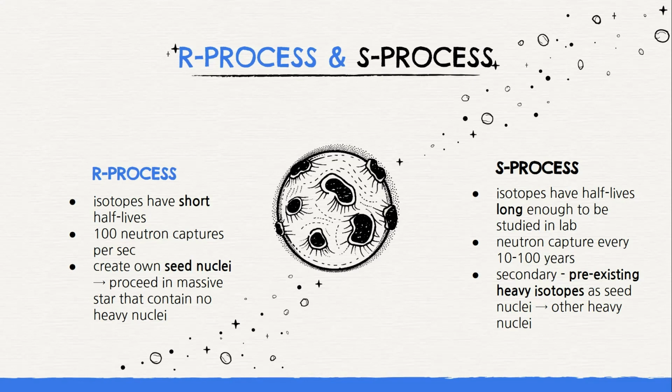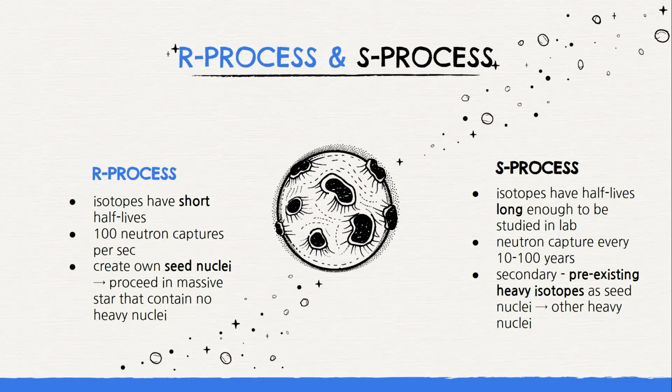For the R process, the isotopes have short half-lives, in comparison to the S process, which has long enough half-lives to be studied in the lab. The R process is very rapid. It's around 100 neutron captures per second, in contrast with the S process, which is about one neutron capture every 10 to 100 years.